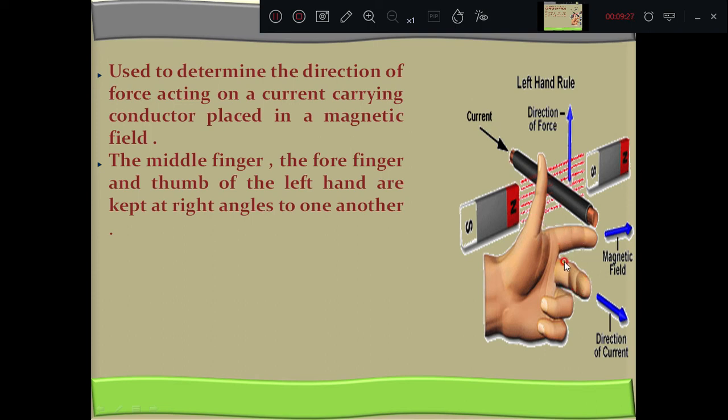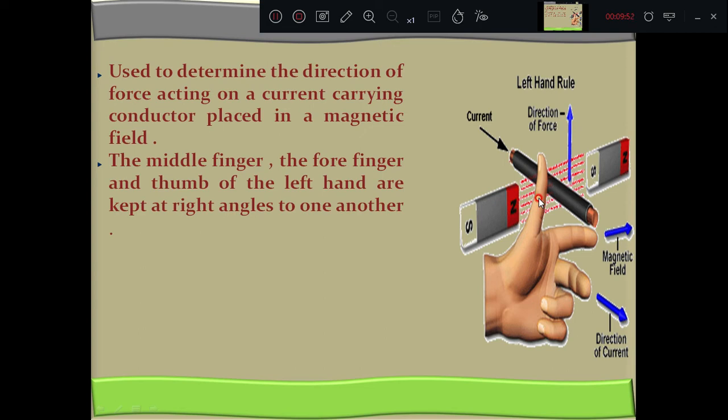There is a right angle between these two as well as a right angle between these two. Then the forefinger is in the direction of the magnetic field, whereas the middle finger points towards the direction of the current, because we are inputting the electrical energy here to the conductor and we have got a magnetic field.